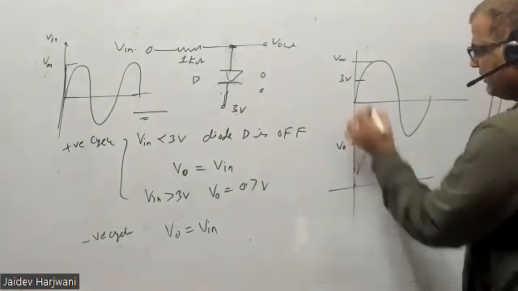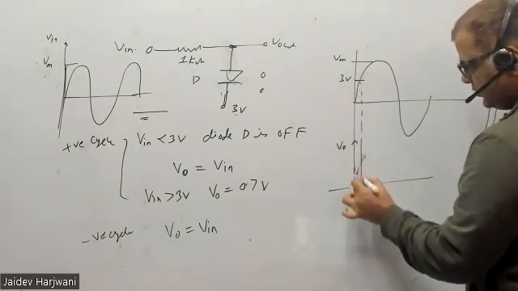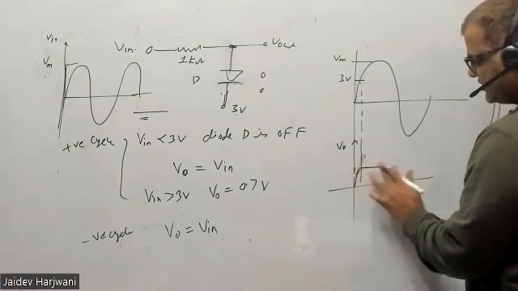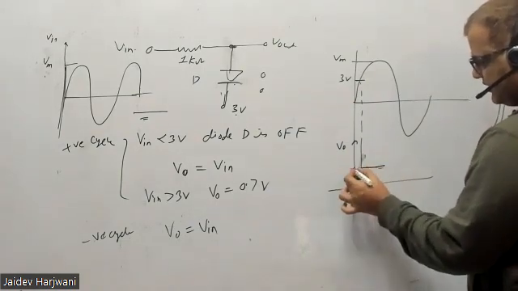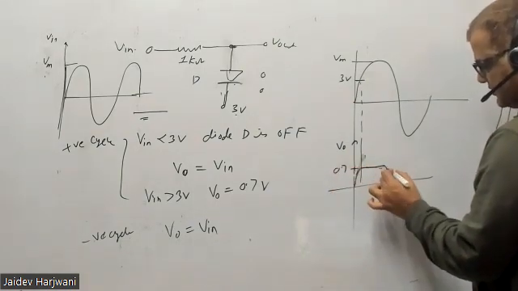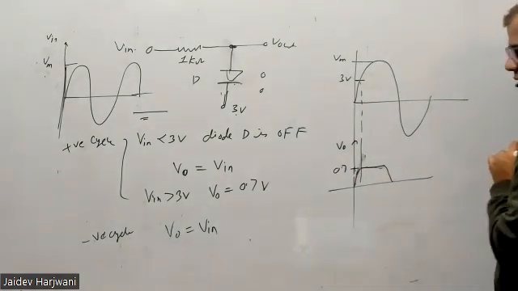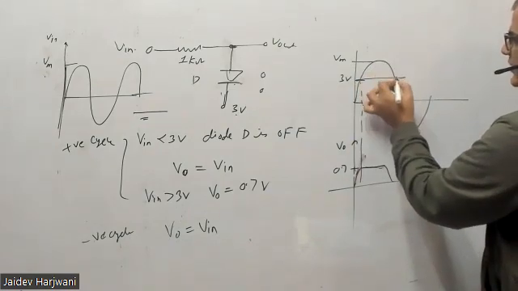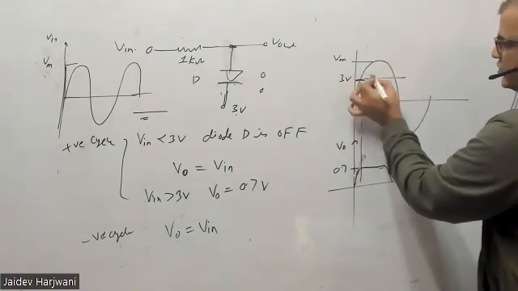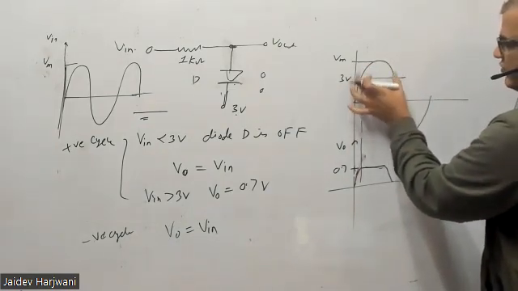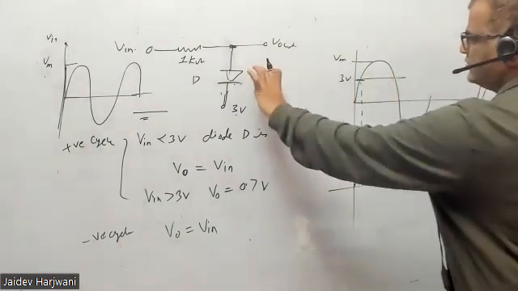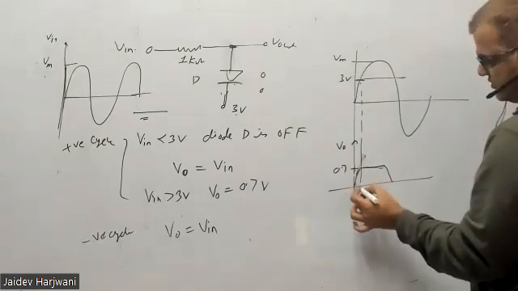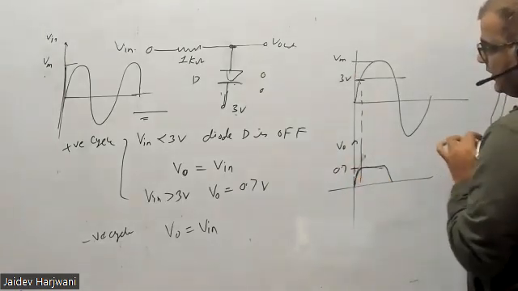Up to here it will be like this, then it will be fixed at 0.7, and then again it will come down like this. This portion will be clipped, because this is the excess of 3 volt. For this portion the diode is on, so you get only 0.7 volt. Up to here you get the same thing.